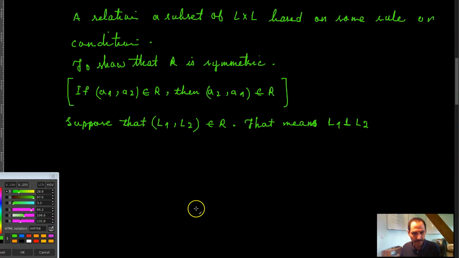But if you have two perpendicular lines, and this is L1 and this is L2, when I say that L1 is perpendicular to L2, that automatically implies that L2 is also perpendicular to L1, right?